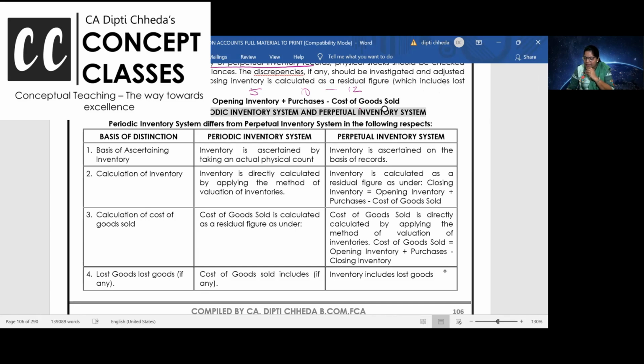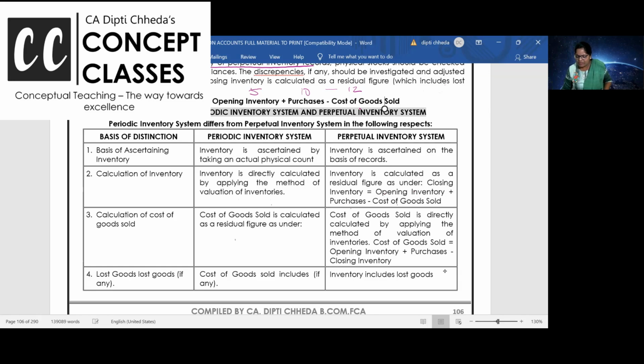In periodic, inventory is ascertained by taking an actual physical count. Here in perpetual, inventory is ascertained on the basis of records. Inventory is directly calculated by applying the method of valuation. You take opening stock, add purchases, and calculate the inventory. In perpetual, you calculate inventory, whereas in periodic, you count it and you get it.